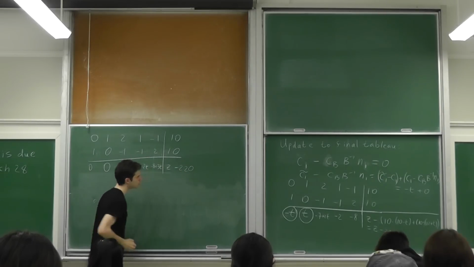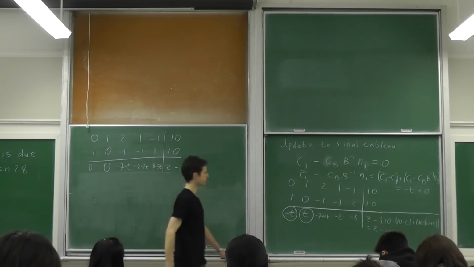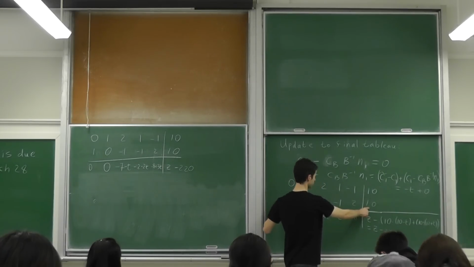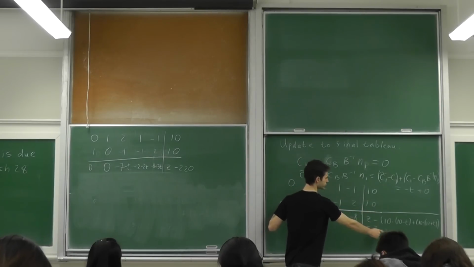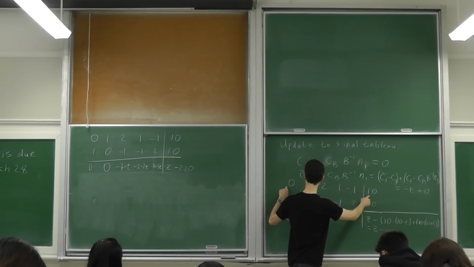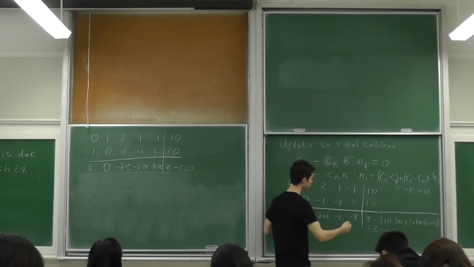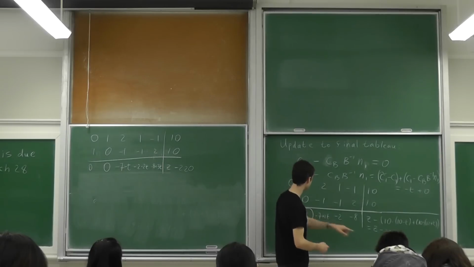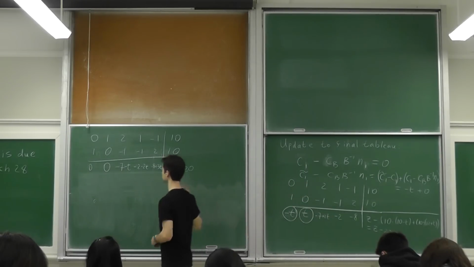And the same happens here. I'm adding this times t, so minus 220 plus 10t, and subtracting this times t, so minus 10t. Okay, so here it doesn't change. Still z minus 220.